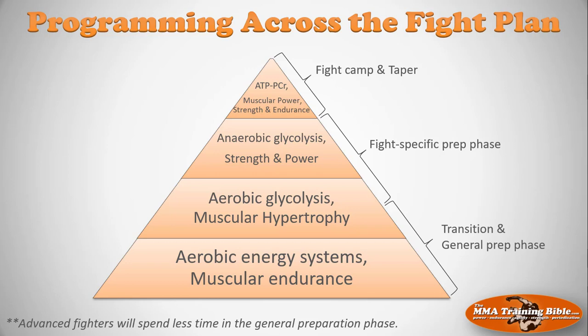And as we move into the fight camp and taper, higher intensity efforts focus on the ATP-PCr system, which, again, even though it's an anaerobic energy system, you can still develop the aerobic energy systems when you train it, so that's why we do it. Also, because of course MMA requires a combination of muscular endurance and strength and power, we focus on all of those in the fight camp and taper.